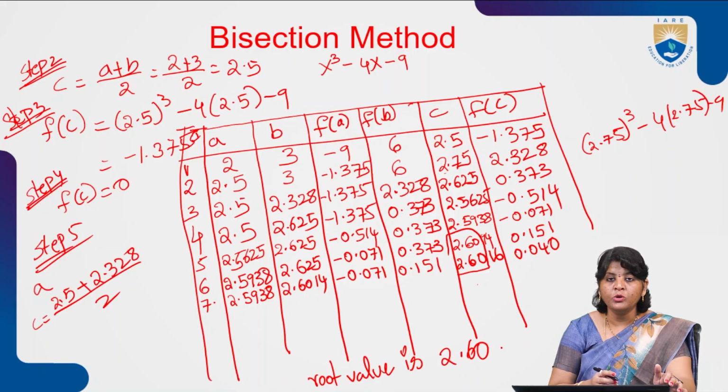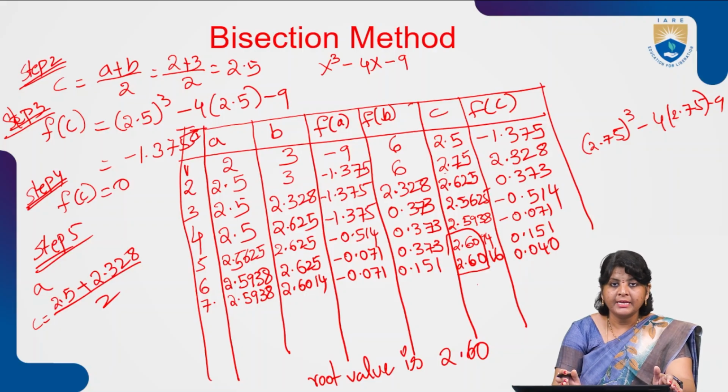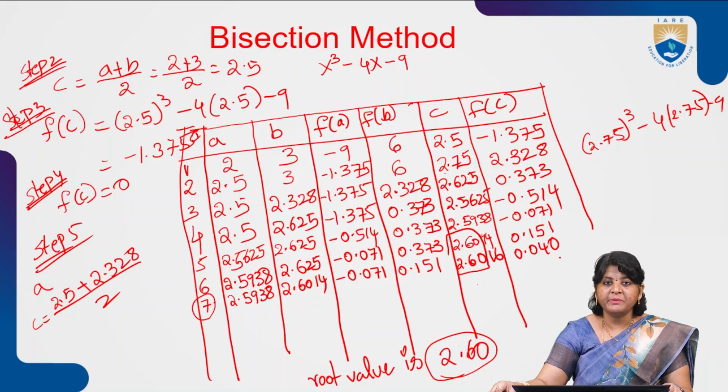But if I want to move on to 3 decimals or 4 decimals, then the iterations will be continued and somewhere the continuous iterations should be the same up to 4 decimals. So for now, I'm going to consider only 2 decimals. The iteration value is 7 and the root value is 2.60 and the function is approximately equal to 0.040. So in this way, by using the bisection method, we find the root value up to 2 decimals.